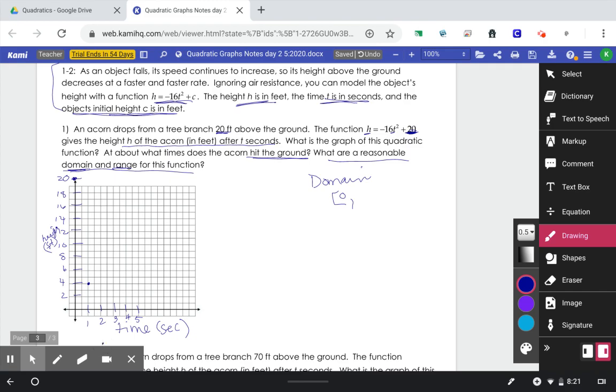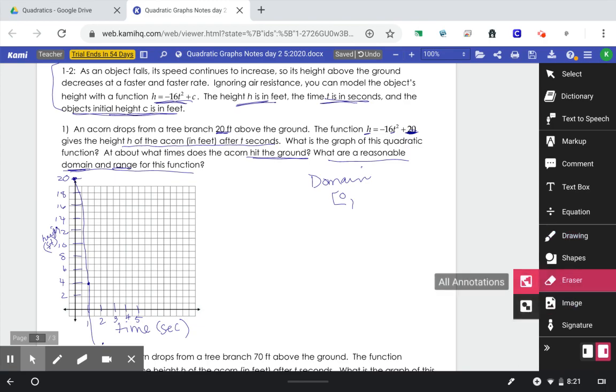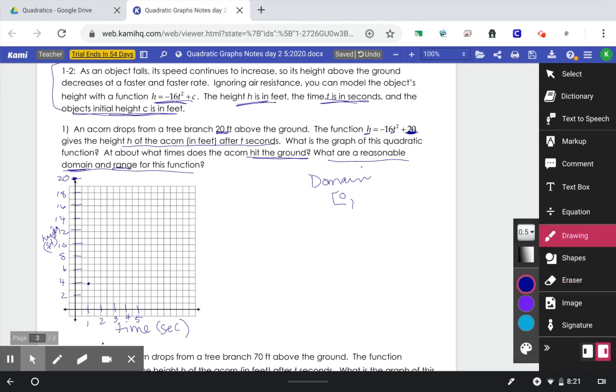All right, so my curve is just coming down like that. Once I get to where I hit the x-axis, it's hit the ground. It's not going to go negative into the ground. So I'm going to be done.